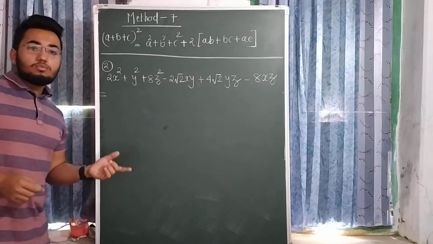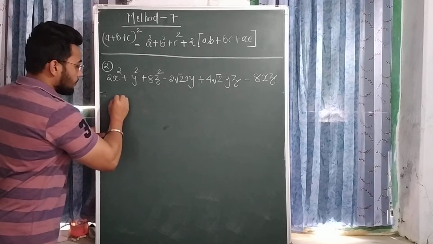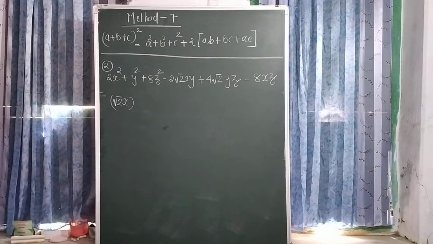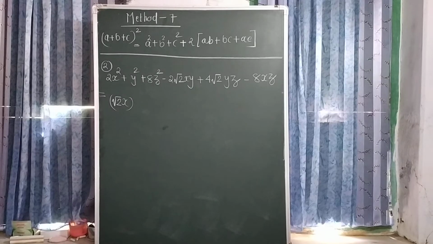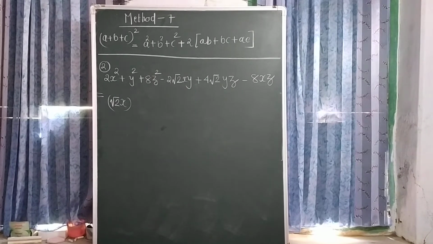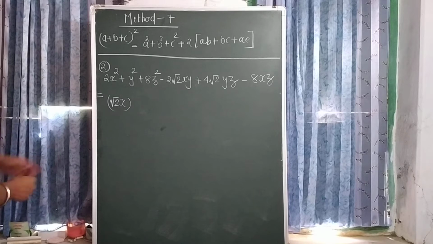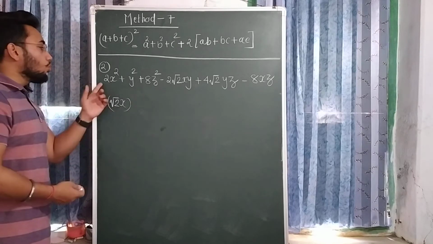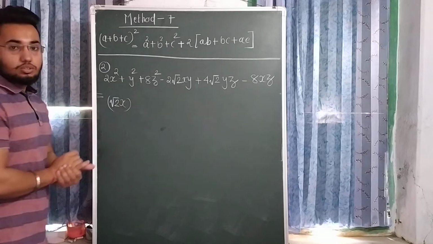2x square is the square of which number? The square of root 2. Oh, I'm sorry. So now here we have to think which number square is 2. किसका स्क्वायर करेंगे तो वो 2 होगा, तो ऑब्वियसली रूट 2 का स्क्वायर करेंगे तो वो 2 होगा.